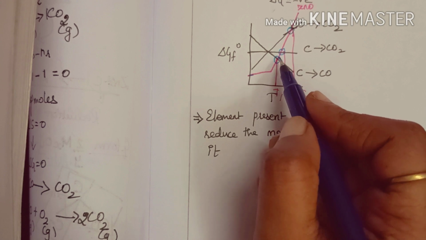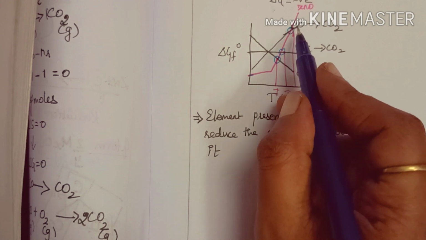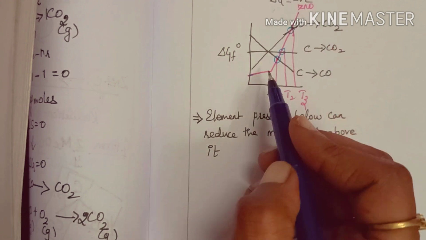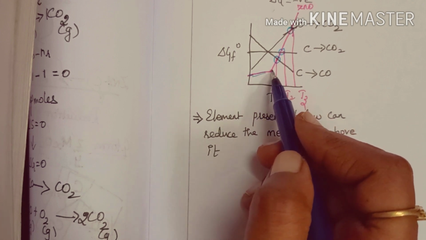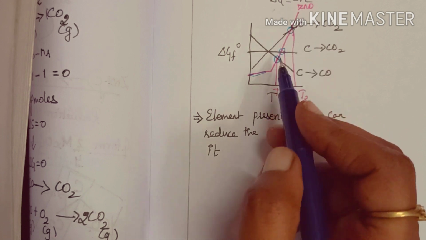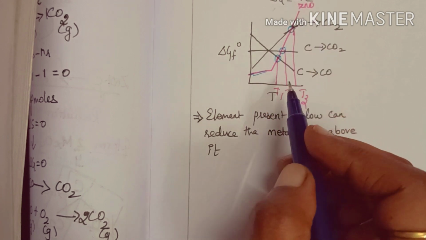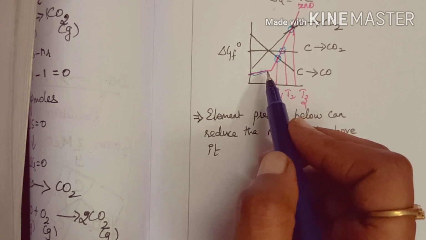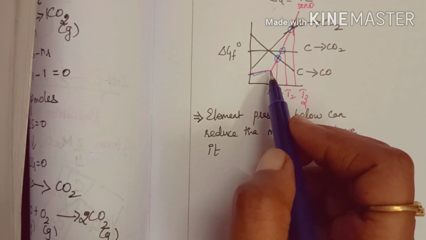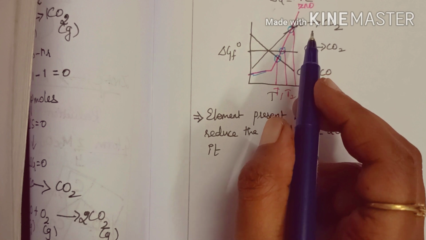But after a particular temperature, it goes on increasing. It means that up to this temperature it is stable, and after that, it becomes unstable. So if it is a stable one, we can't reduce it. But if it becomes unstable, we can reduce it.